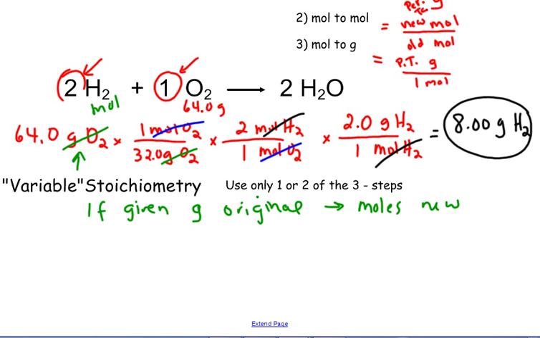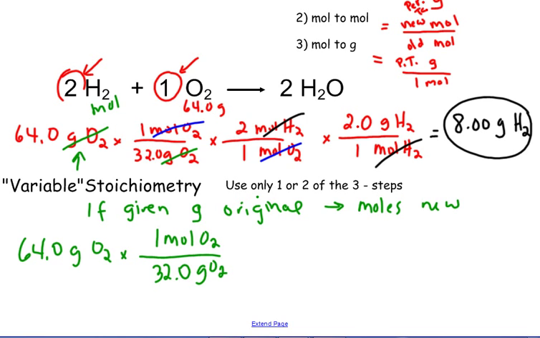In this case, you would do 64.0 grams of oxygen, and this problem would start out the same way. 1 mole of oxygen weighs 32 grams, so right now this first fraction converted grams of oxygen to moles of oxygen. We would then set up the second fraction, which would convert moles of oxygen to moles of hydrogen. And so this is the coefficients 2/1.